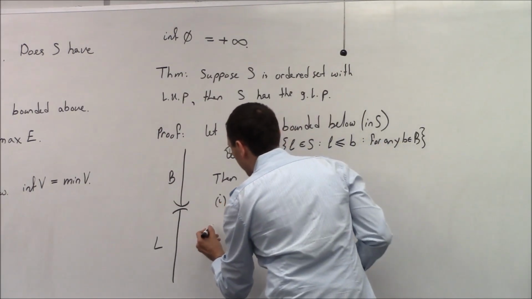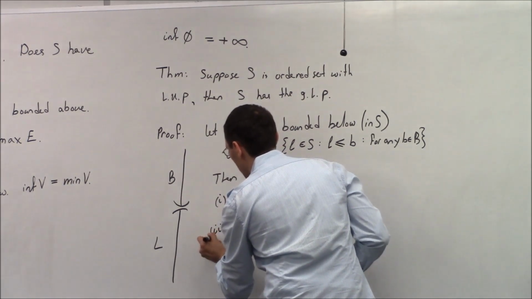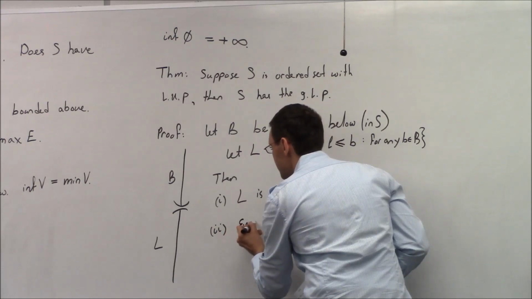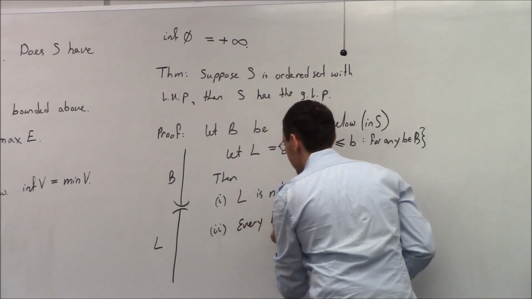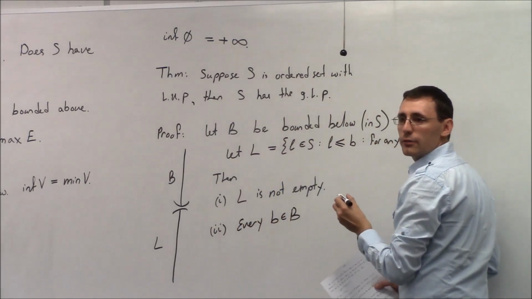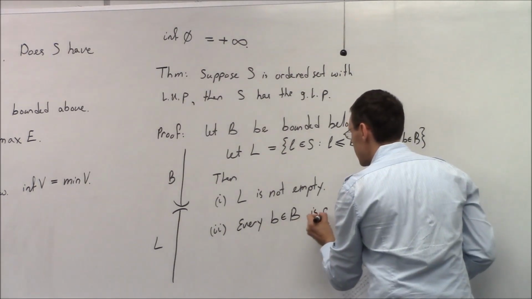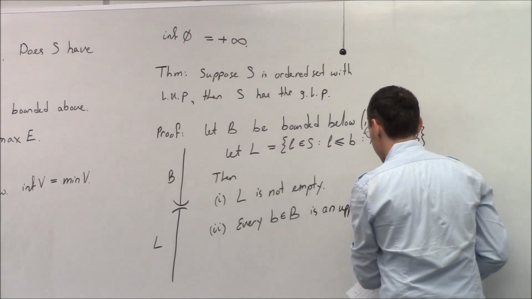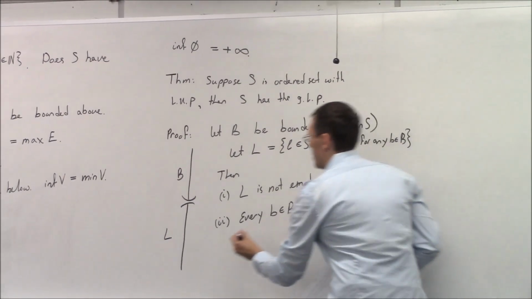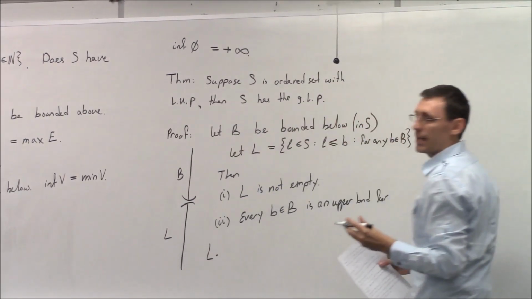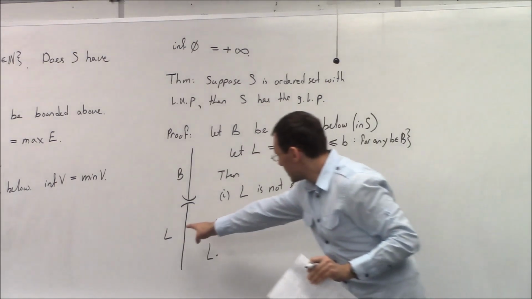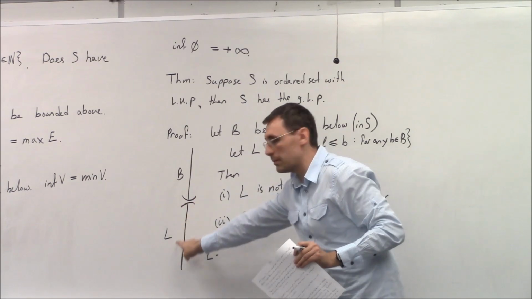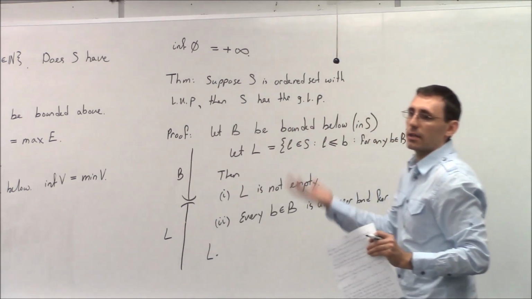And another thing that you can observe, every element in V is an upper bound for L. You agree? Just like in the picture, any element in V is going to be bigger than all the elements in L because they are the lower bounds.